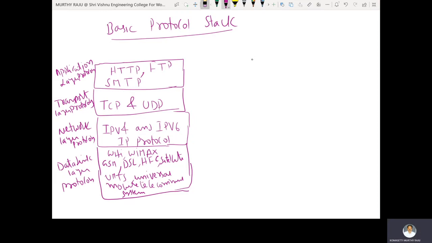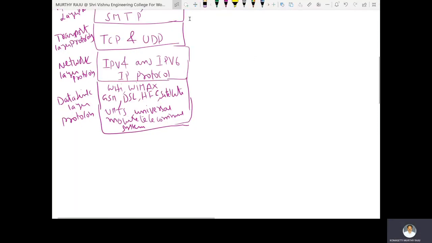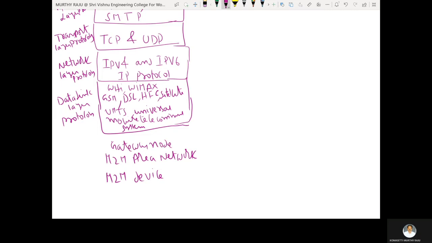Coming to this one, here are some M2M devices, the M2M device area, the M2M area network, and the gateway node. These are the two types of connectivity.